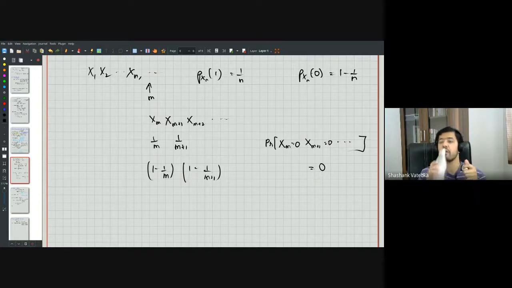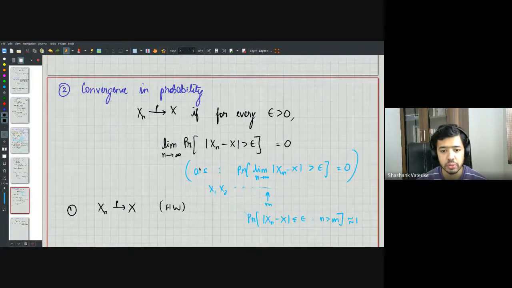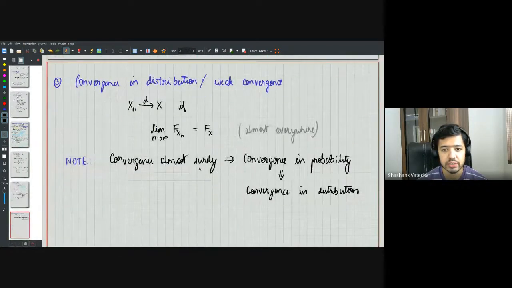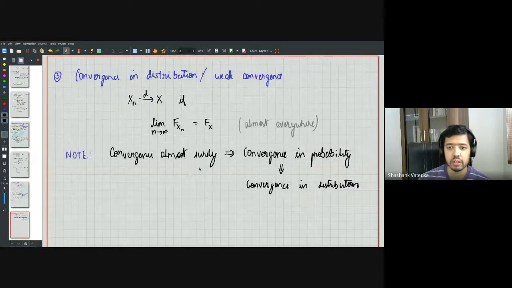Any questions? So there's one more weaker notion of convergence, which we'll briefly look at, and that is convergence in distribution, or sometimes called weak convergence.